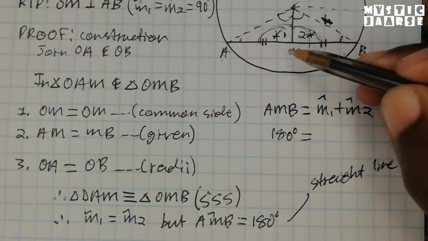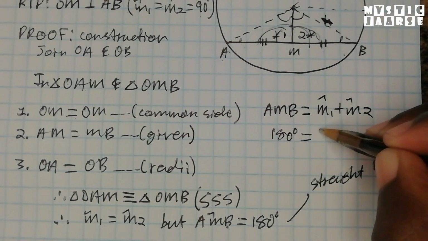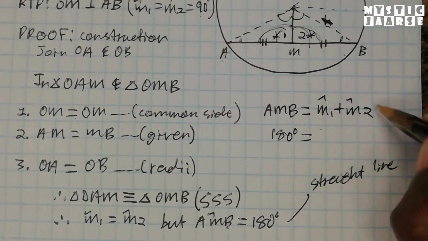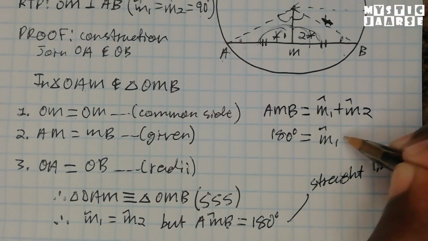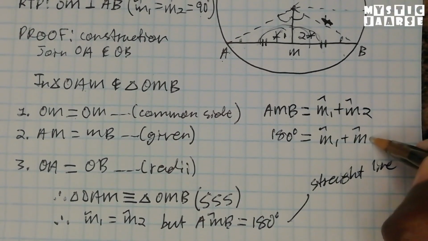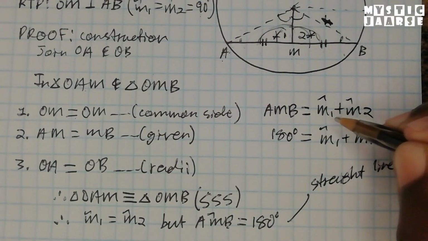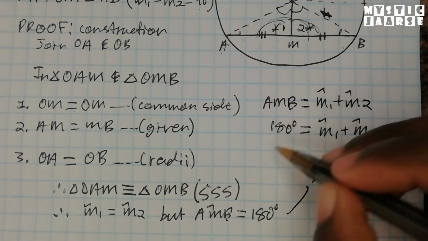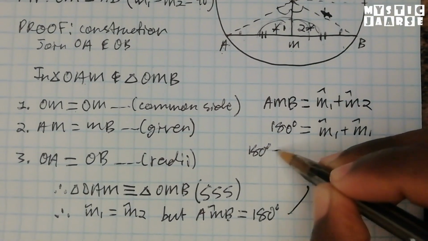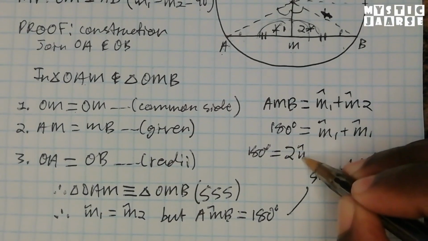So since angle M1 is equal to angle M2, we can simply express angle M2 in terms of angle M1. So we can say angle M1 plus angle M1. It is still mathematically the same as this because the two angles are equal to one another. Then 180 degrees is equal to, when you combine two terms, 2 angle M1, right?